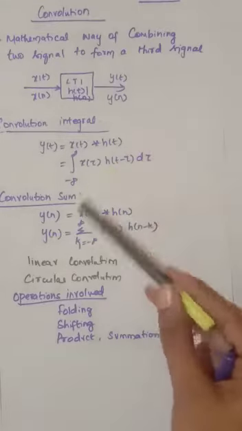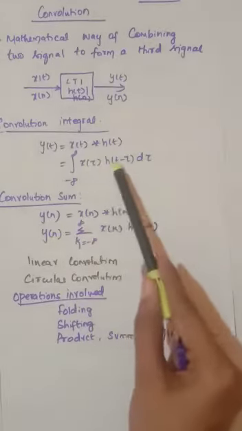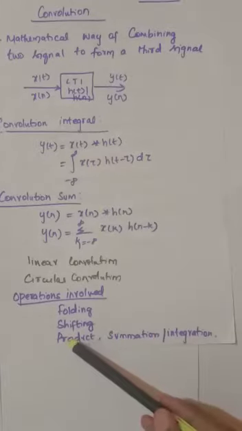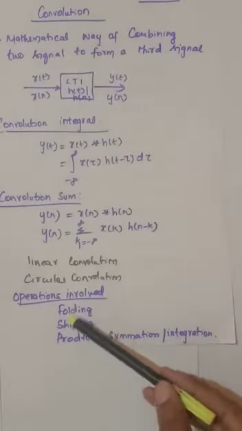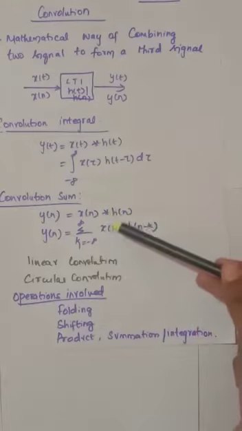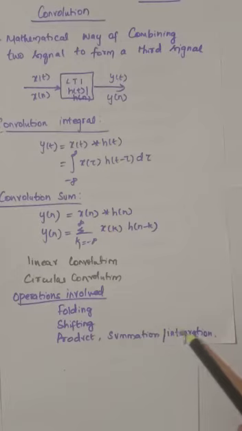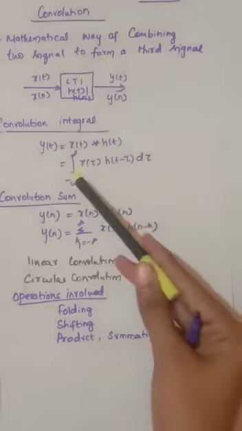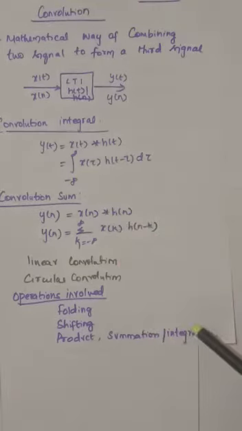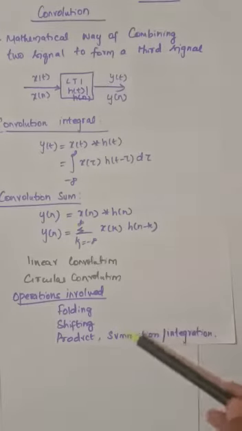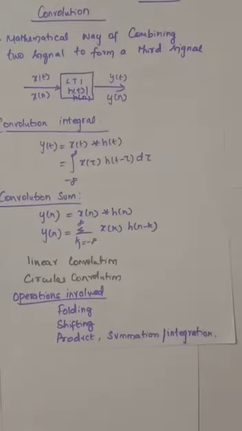After shifting, we need to perform the product of these two signals. These three operations are the same for both the convolution integral and sum, and the only difference is summation and integration. In continuous time signals, we choose integration, and in the convolution sum, we use summation.